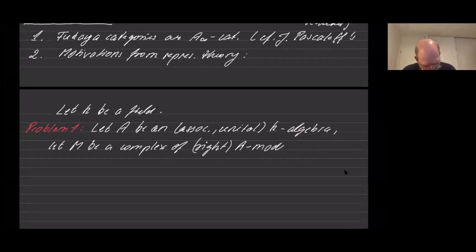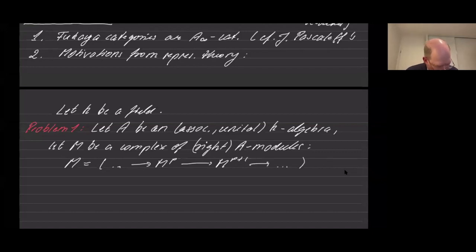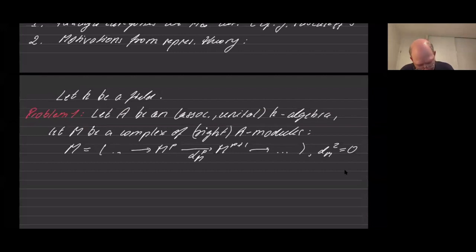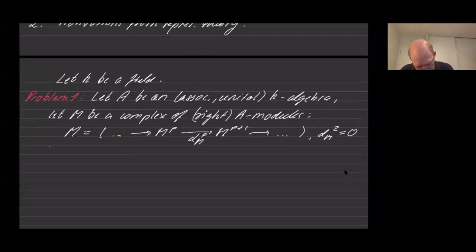So to introduce some notation, M looks like this. We have components M^p, M^{p+1}. We have a differential d_M^p, and the square of the differential vanishes. And then we have its homology, H^*(M).